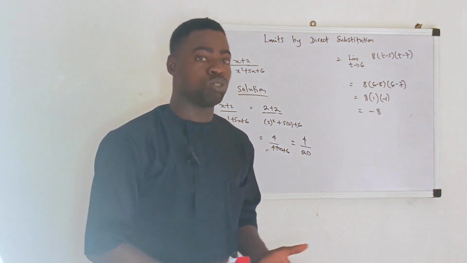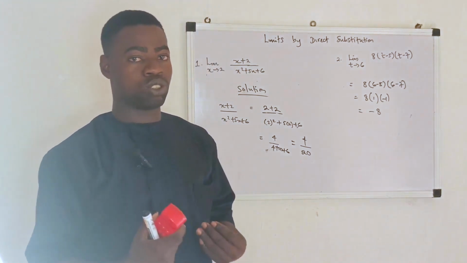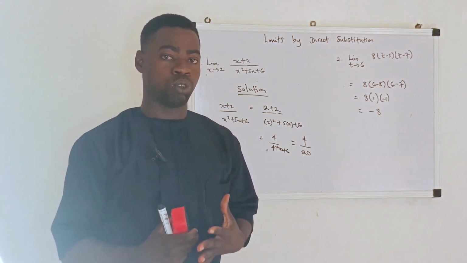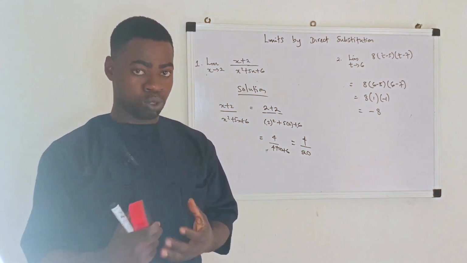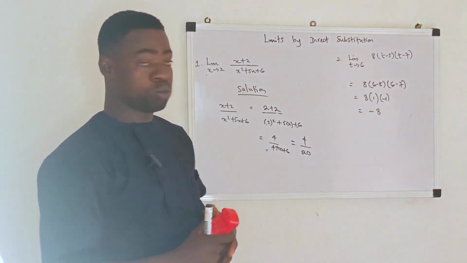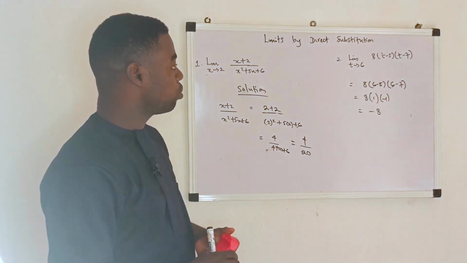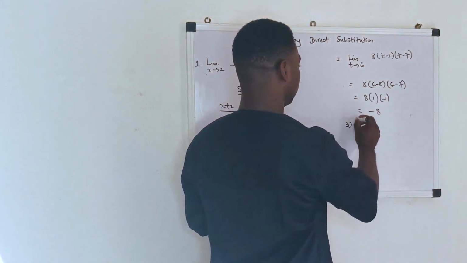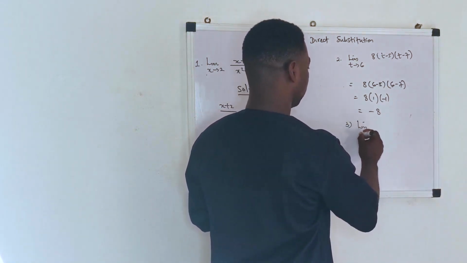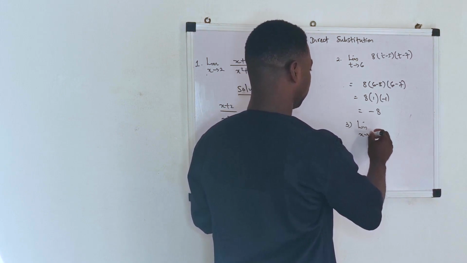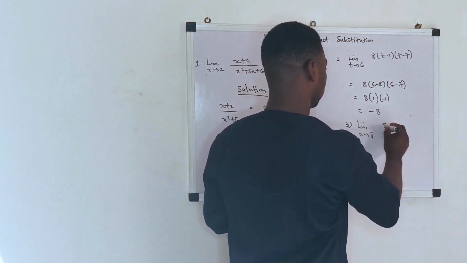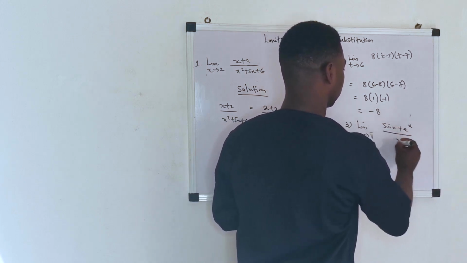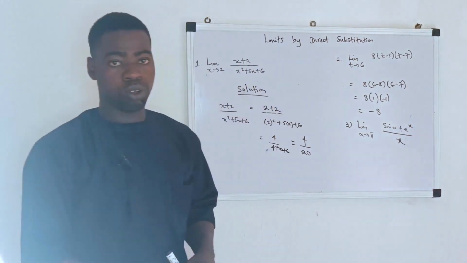Okay, so we may want to take 2 more examples so as to solidify the fact that our understanding was actually productive. For example number 3, I would like us to evaluate this, a case where we have special functions.